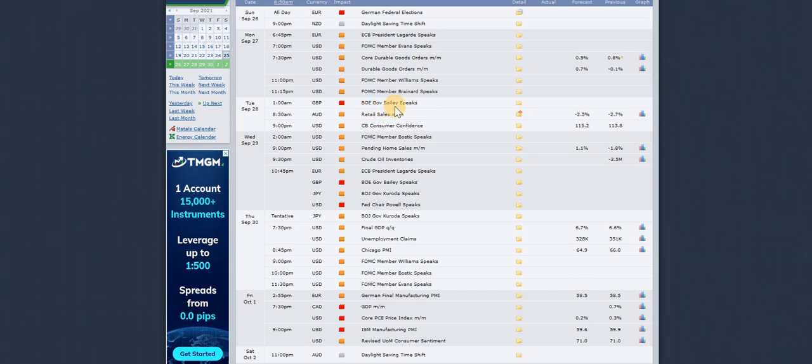Bank of England Governor Bailey speaks on Tuesday. Bailey again on Wednesday, busy man. Powell on Wednesday. And GDP out of Canada on Friday, core PC price index, whatever that is. ISM manufacturing out of the US on Friday. Very quiet week in the news, very quiet week.